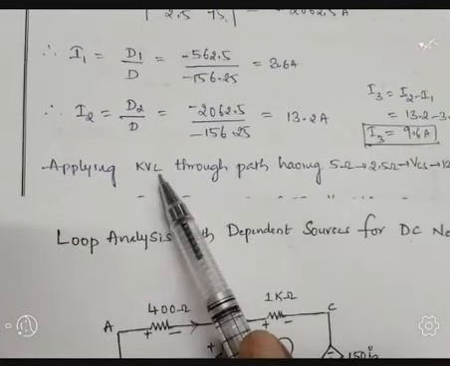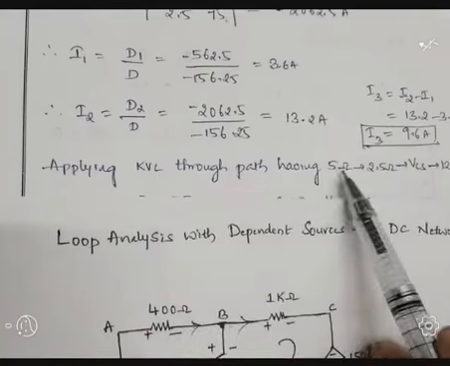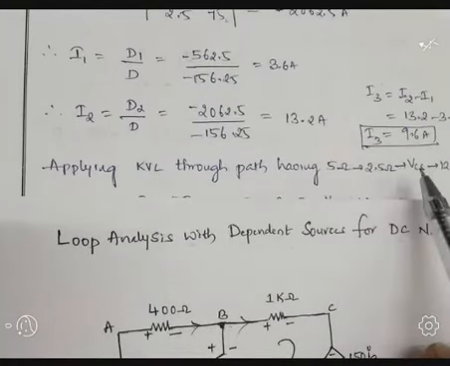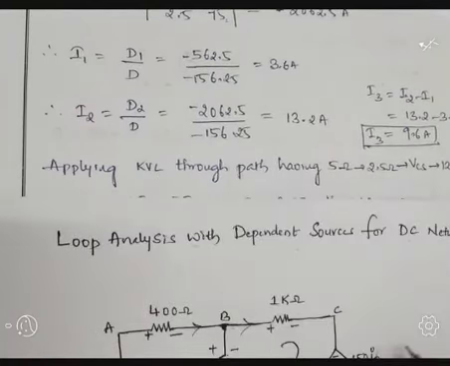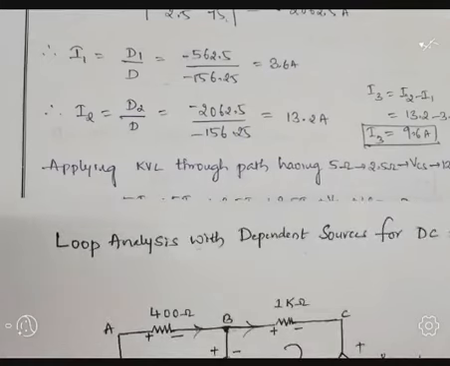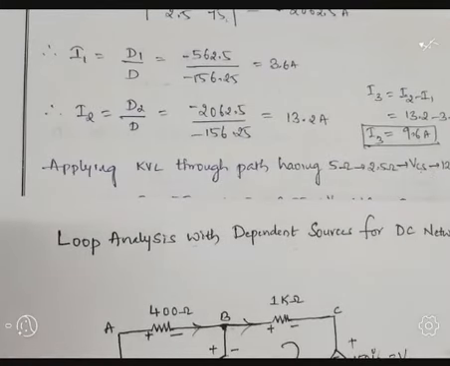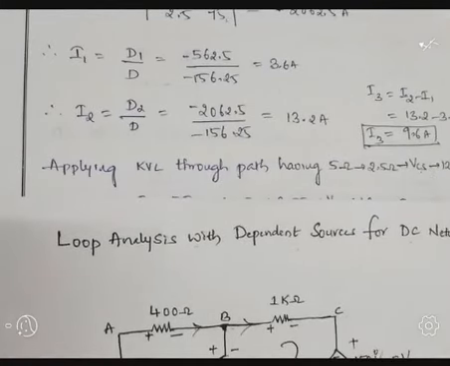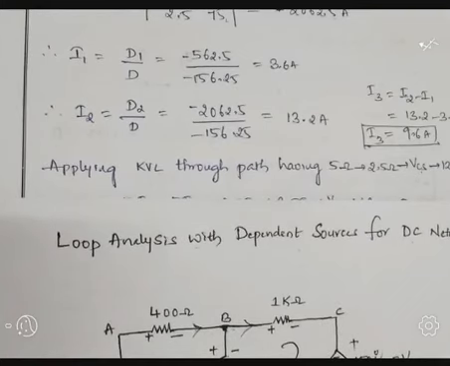Apply the KVL through the path having 5 ohm, 2.5 ohm, VCS. So this one I will represent as VCS. VCS, 125, is nothing but the outer loop.